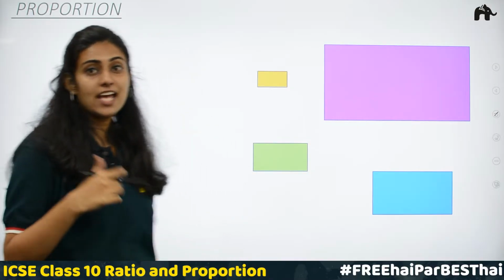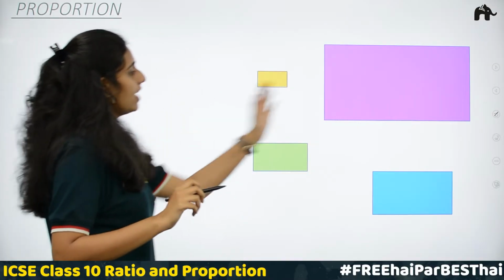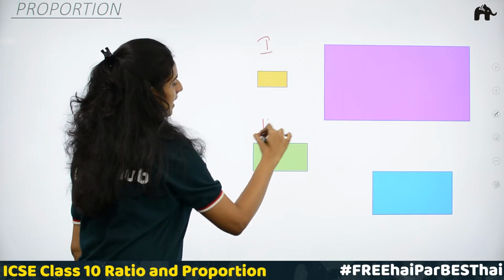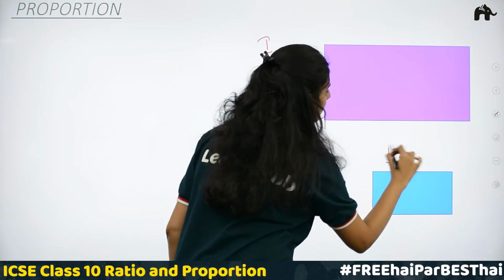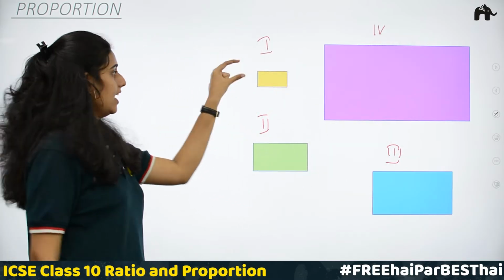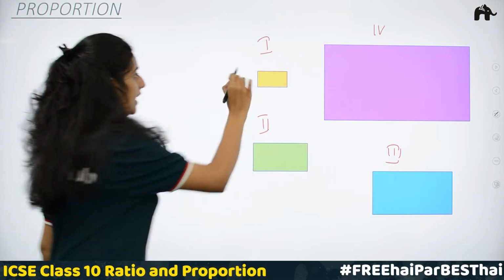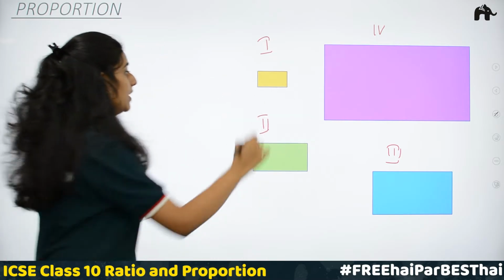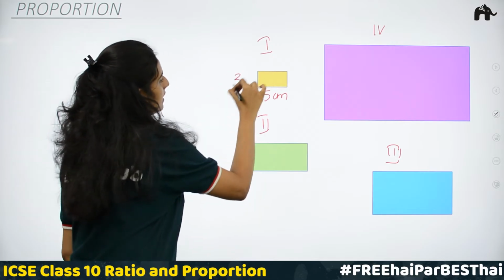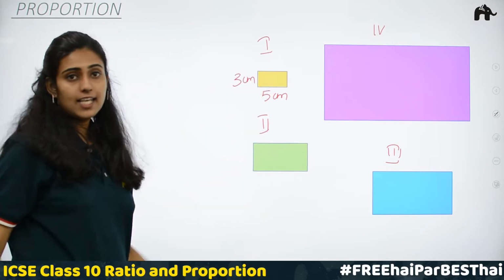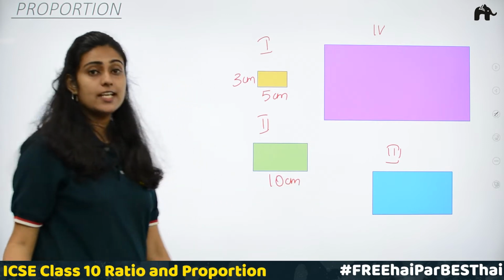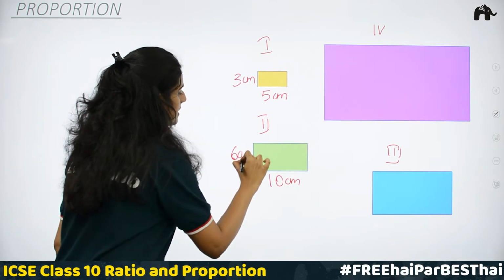First, let us understand the concept of proportion. Here I have taken 4 rectangles. This is our first rectangle, second, third and fourth. This is a rectangle's length and this is its breadth. For the first rectangle, the length is 5 cm and the breadth is 3 cm. For the second, the length is 10 cm and the breadth is 6 cm.